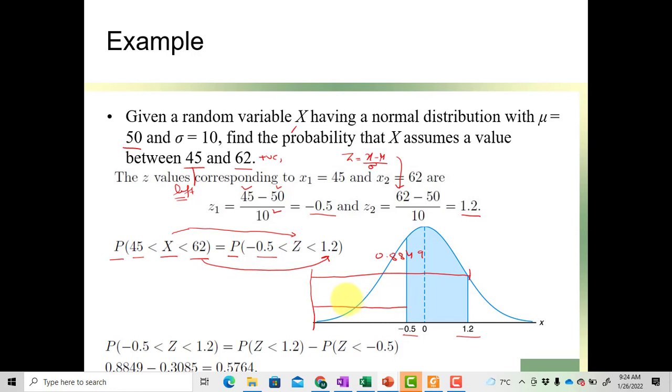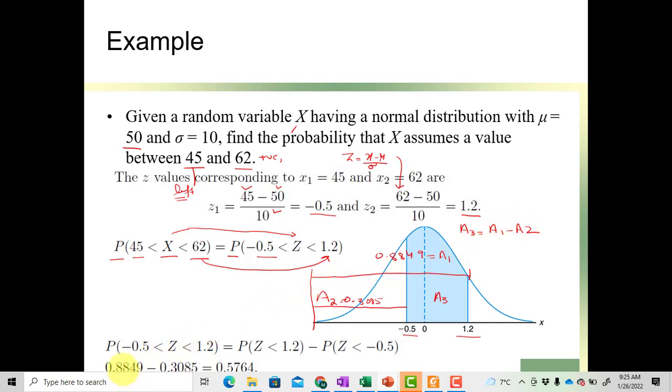We got this area as 0.3085. We have to find this A3. We have 0.0049 as A1, and this value is A2. So what we will do, we will just say that A3 will be equal to A1 minus A2. So just subtract these values.